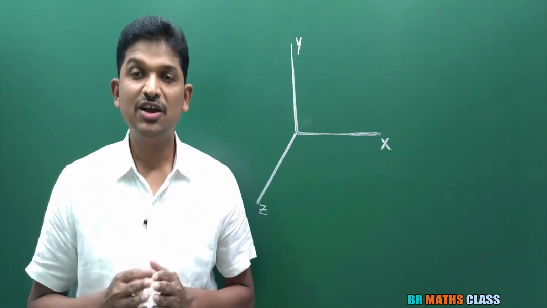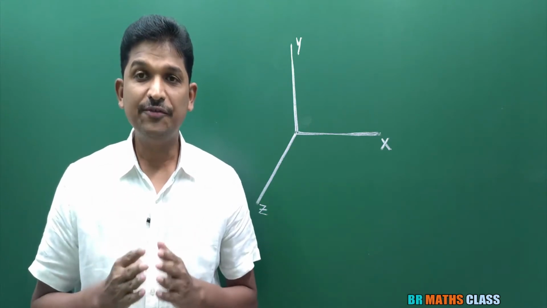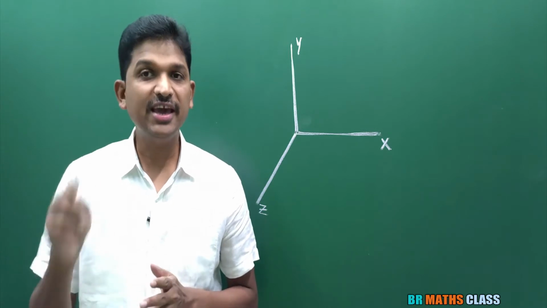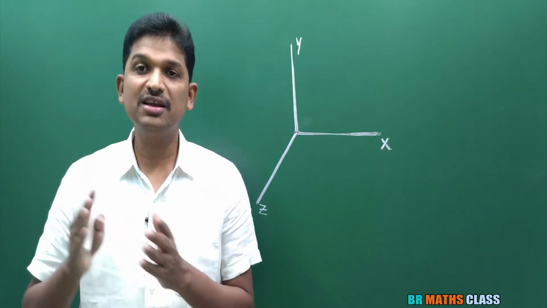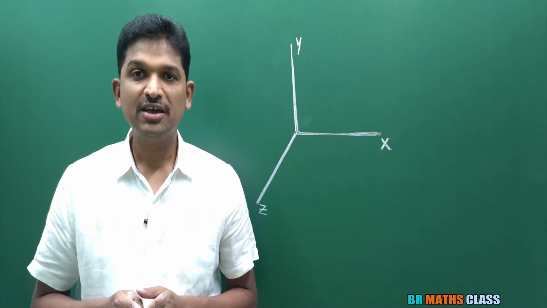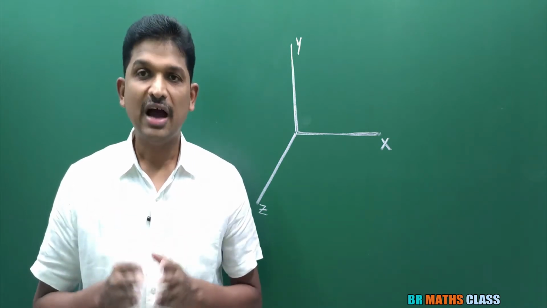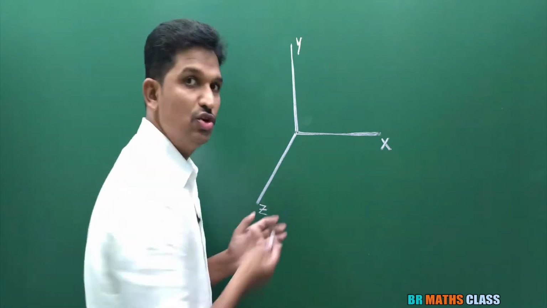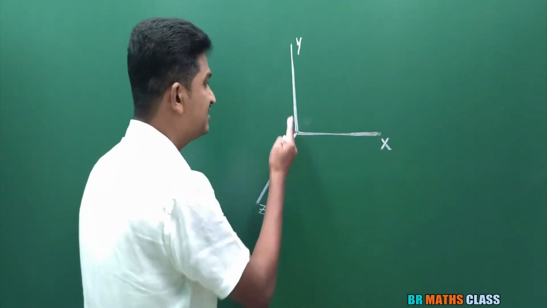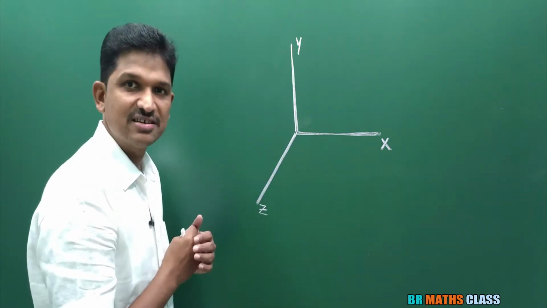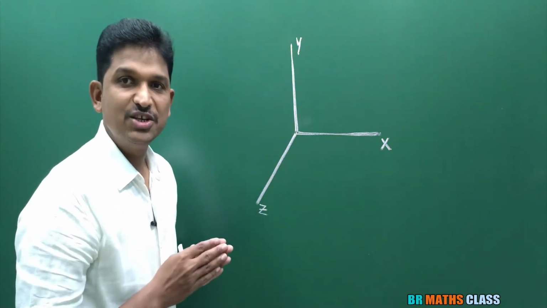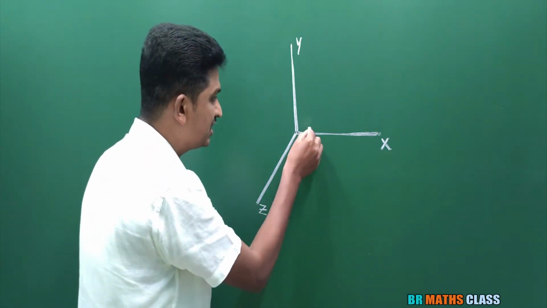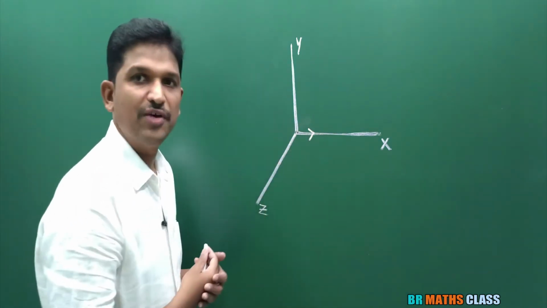First, we will learn what is i cap. In the definition of unit vector, you learned about this cap symbol. A cap means A bar is a unit vector. So here, what is i cap? I cap is a unit vector along the direction of x-axis. You observe this three-dimensional figure, x-axis, y-axis, z-axis. This is the direction of i cap.